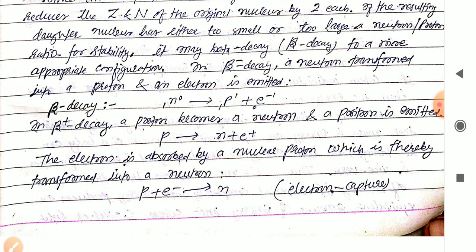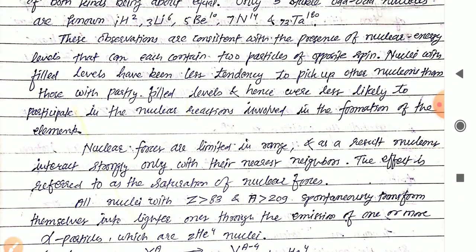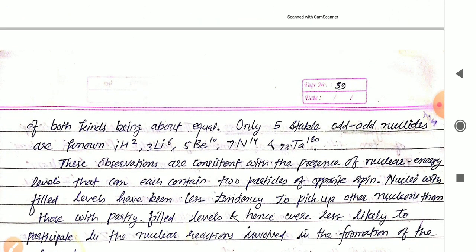So the proton of the nucleus absorbs these overlapping electrons and gets converted into a neutron. So this equation is known as electron capture. By this method, the less stable nucleus is converted into a more stable configuration. Okay, so this is the case.